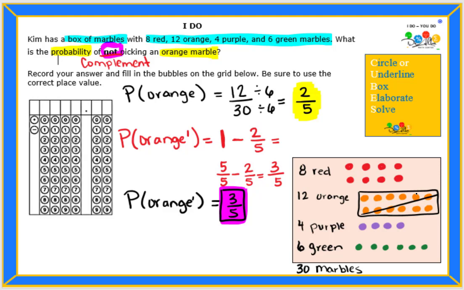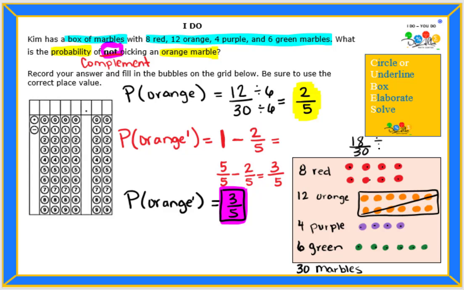So we don't want orange. So we will count all the ones that are not orange. So 1, 2, 3, 4, 5, 6, 7, 8, 9, 10, 11, 12, 13, 14, 15, 16, 17, 18. So we have 18 marbles that are not orange out of a total of 30 marbles.